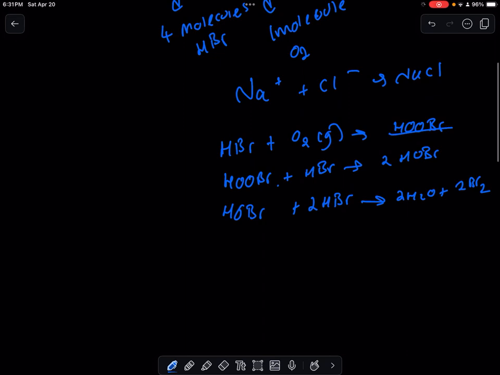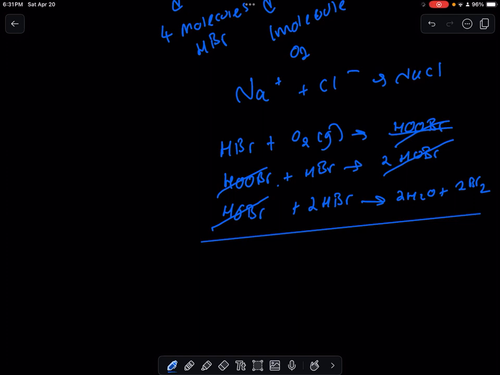Notice that if we add these reactions, we cancel species out. For example, this will cancel with this, and this will cancel with this. Note the intermediates are cancelling, and then what we have is the overall reaction.